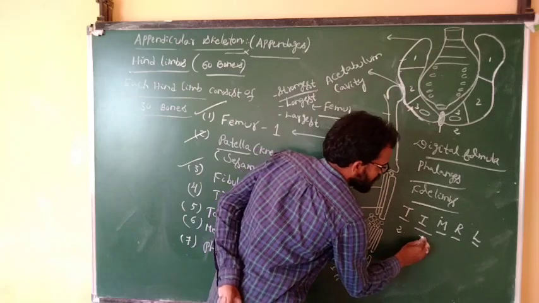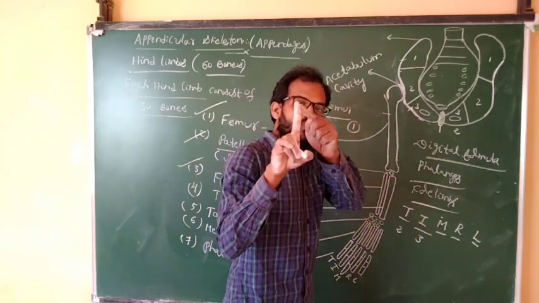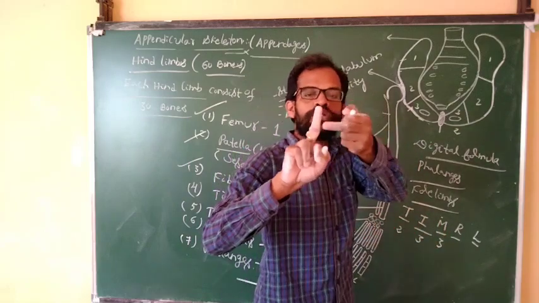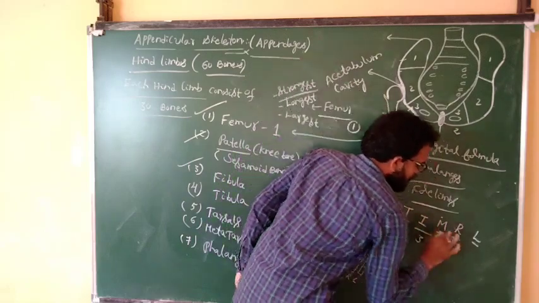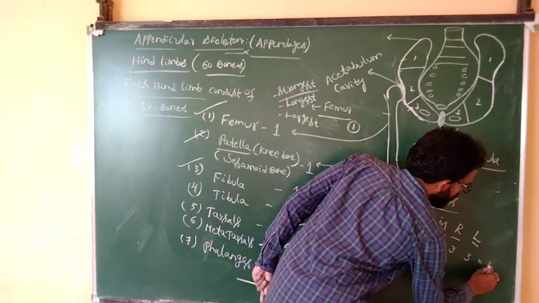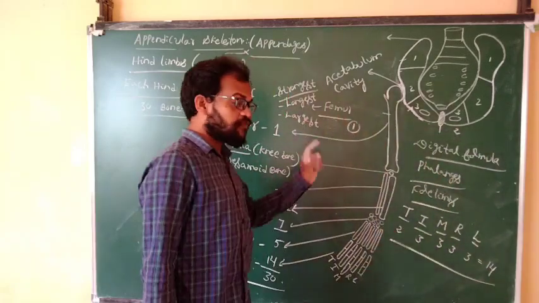The index finger has 1, 2, 3. The middle finger, 1, 2, 3. The ring finger, 3 digits. Little finger, 3 digits. The total is 40 in the forelimb.